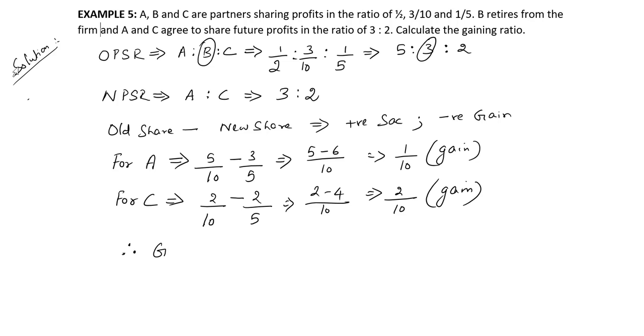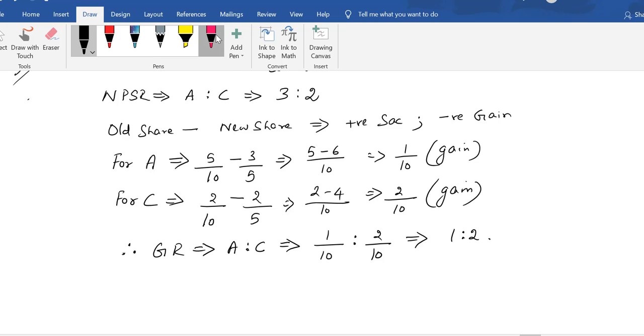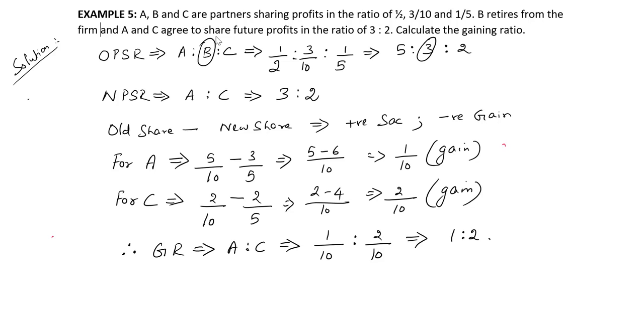Hence, the gaining ratio between A and C is equal to 1/10 is to 2/10, or in other words 1:2. Let's summarize. Gaining ratio between A and C is equal to 1:2.